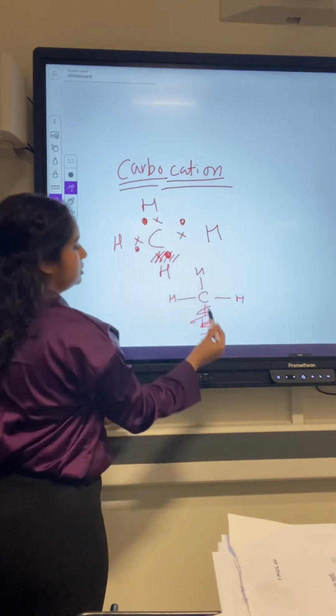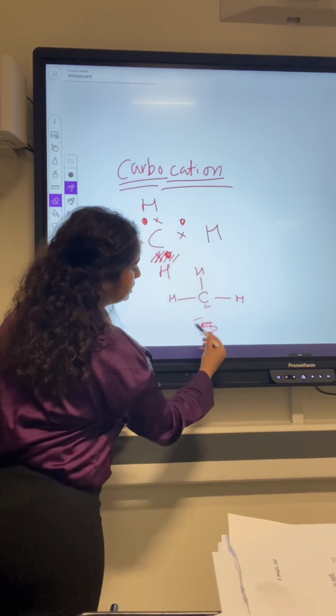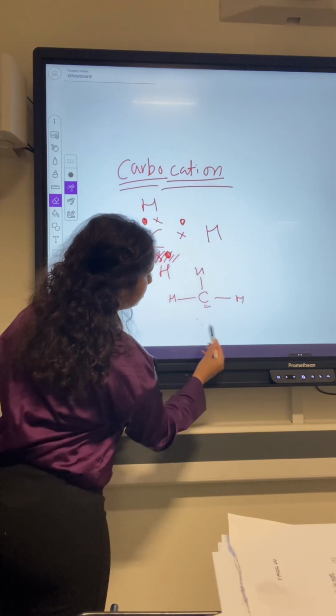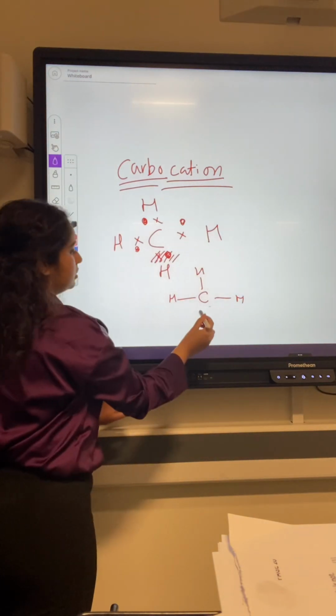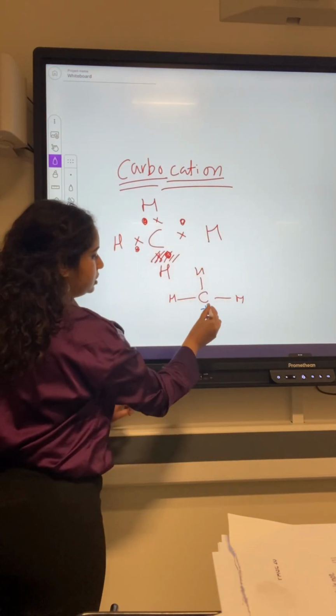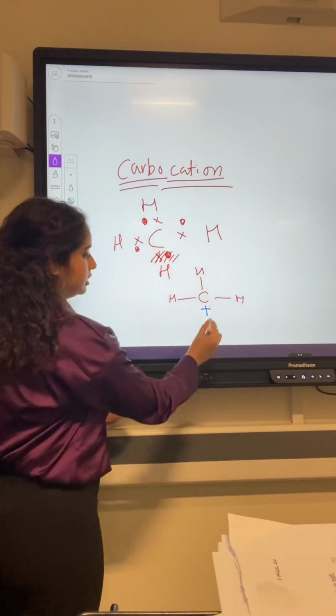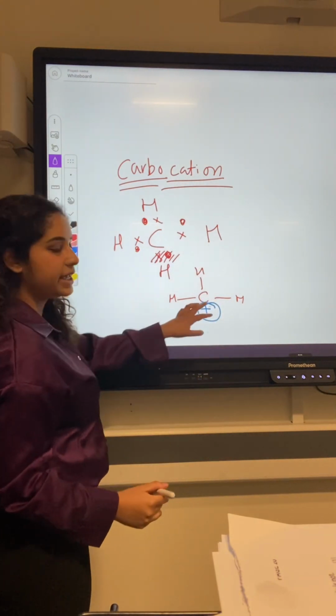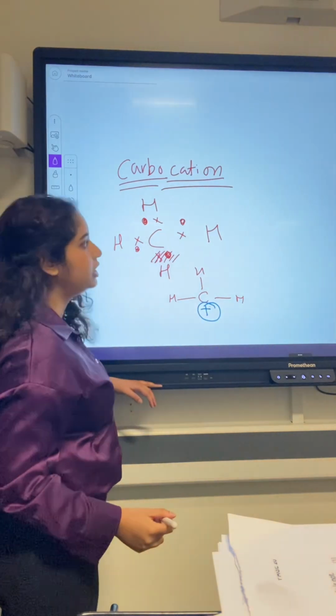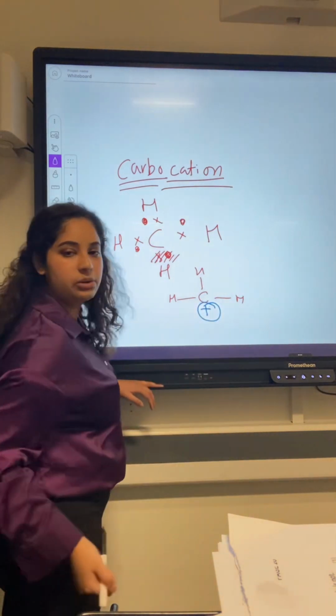So let's rewrite this. Let's draw this again. We'll have this positive charge. This charge is what makes this a carbocation. So it's a cation of a carbon, basically.